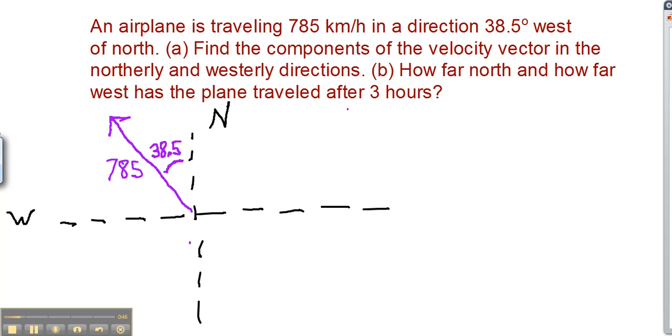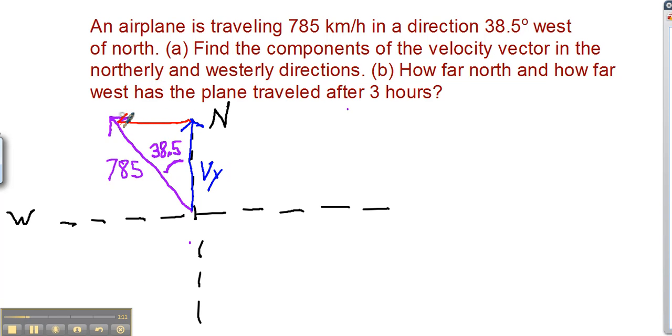However, if you want to, you can really break it down. It's sort of like the plane is moving north this fast. I'm going to call this the velocity in the y direction, or velocity in the north direction. And the plane is also moving this fast to the west.